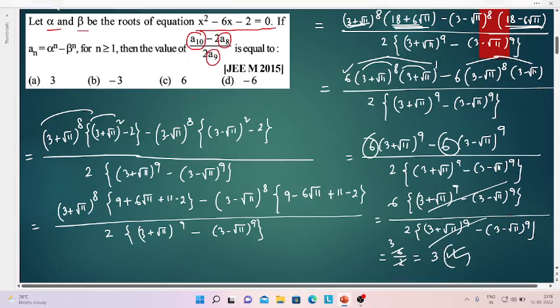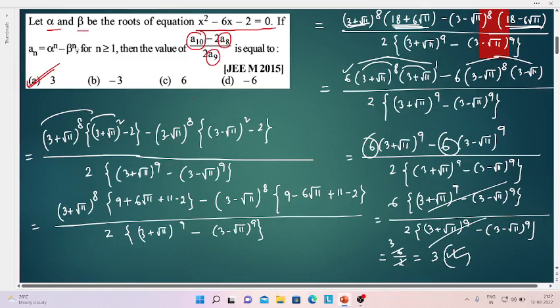So here you can see that option A will be the correct option. I think you can understand how I am applying these formulas. Basically, let alpha and beta be the roots of the equation x squared minus 6x minus 2 equals 0. This quadratic equation is given to you, right?